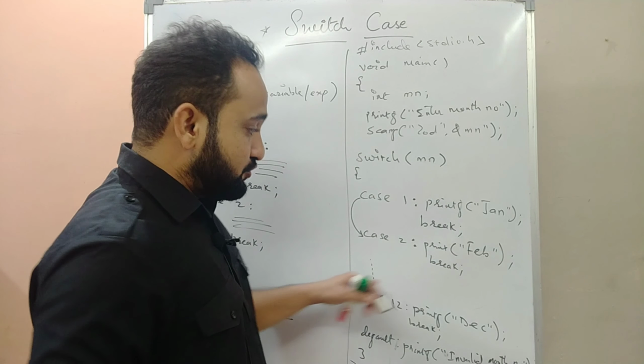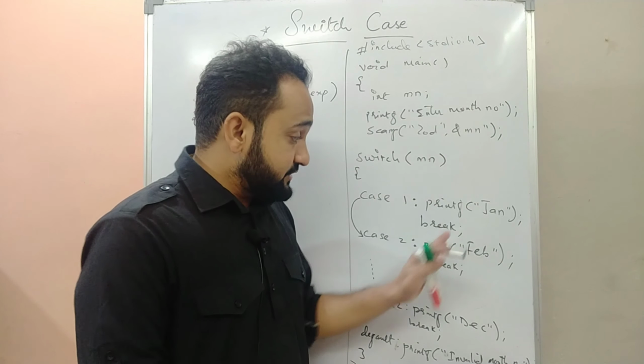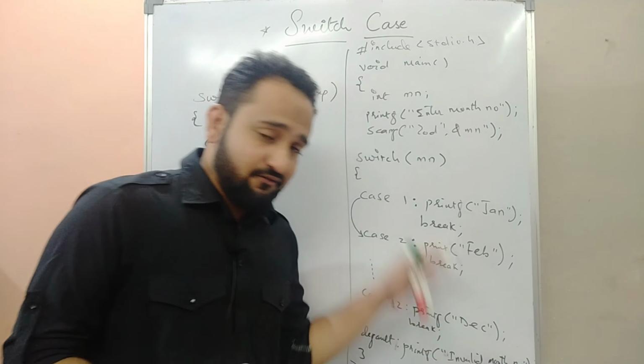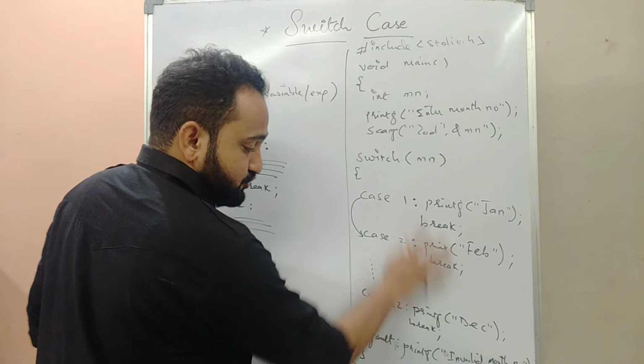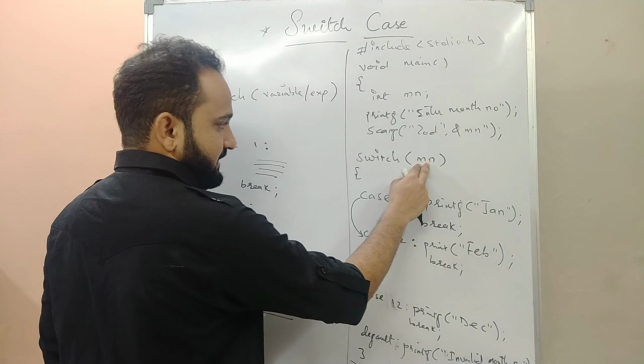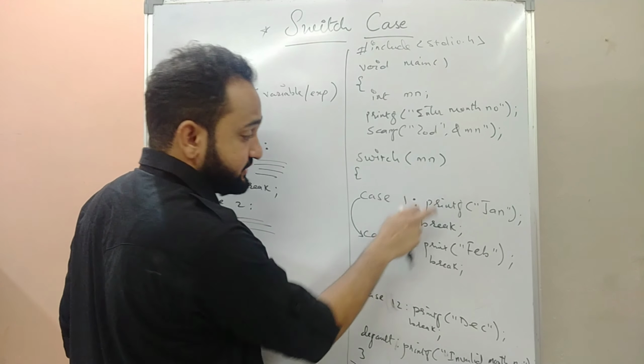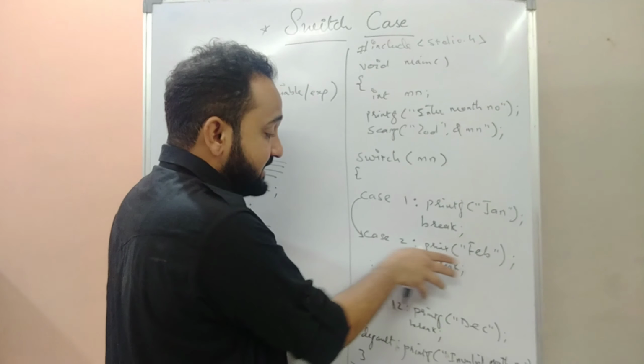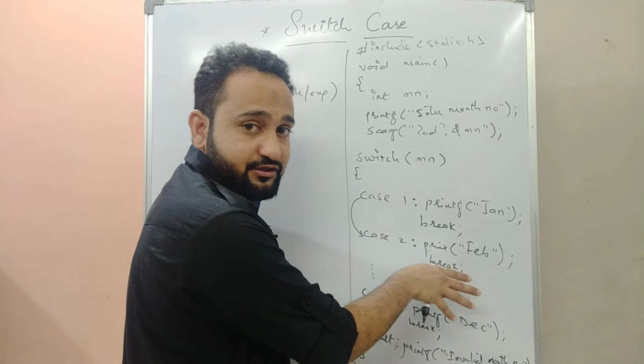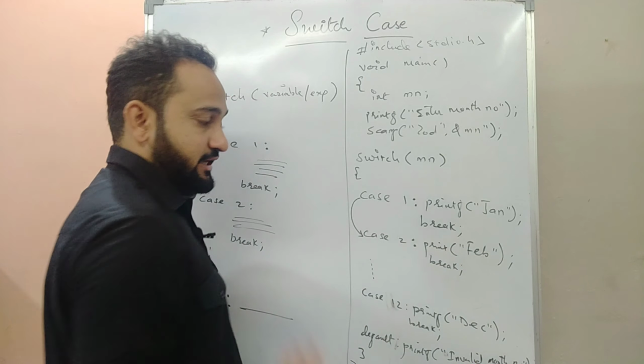Now I told you writing break is very important. For this case, if we have not written break anywhere, there is no break statement. So what will happen? The value of mn is 2. 1 equal to 2? No. 2 equal to 2? Yes, condition is true. It will go inside. As it already entered, it will print all remaining statements.